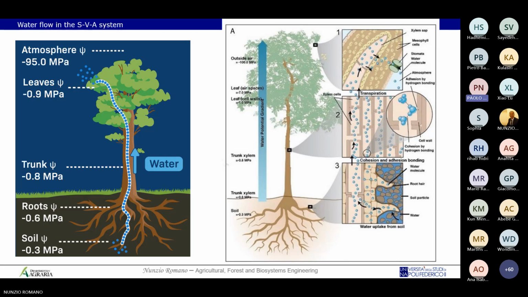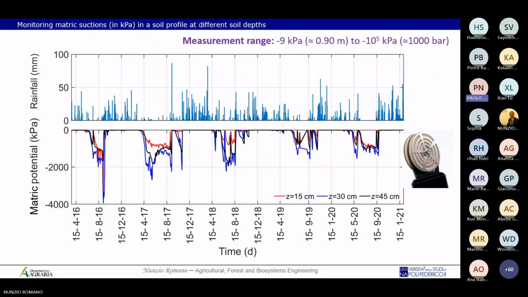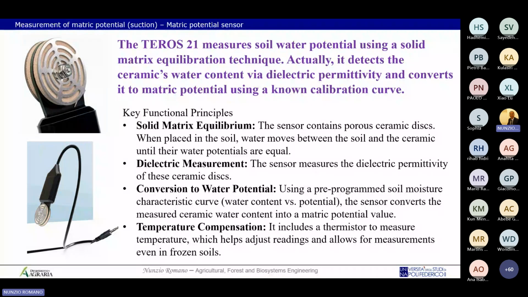Nunzio, just one, I think it's referred to the sensor, Teros 21, I think it's from Walter. I heard that it's not possible to measure less than pF of 3, but I don't understand why. No, there is the way this sensor measures the matrix potential.